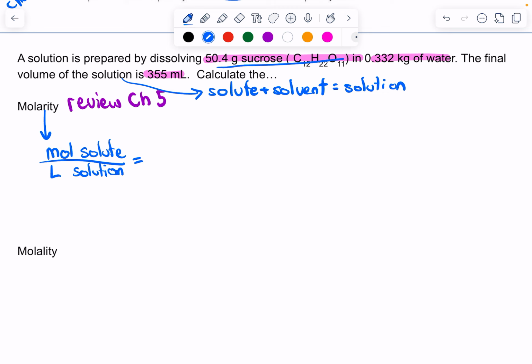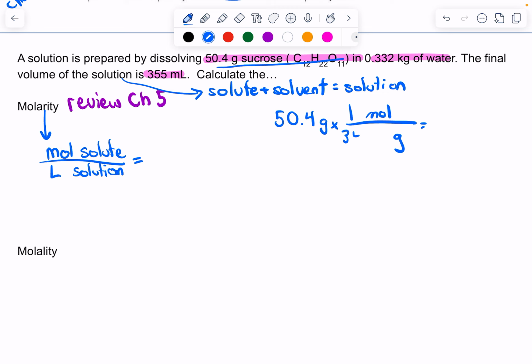I have the grams. So I'm going to first convert to moles. I'm going to do that over here on the side. 50.4 grams, and I'm going to do the molar mass to get the number of moles. So molar mass here is 12 times 12.01 plus 22 times 1.008 plus 11 times 16.